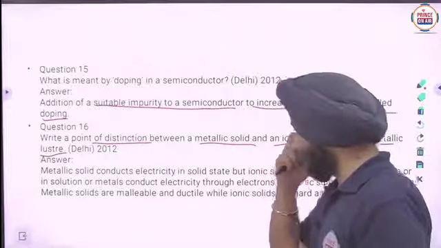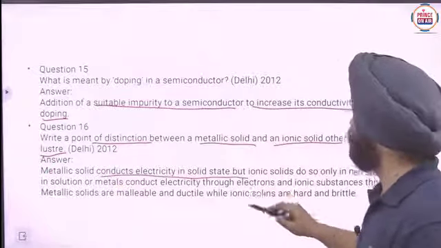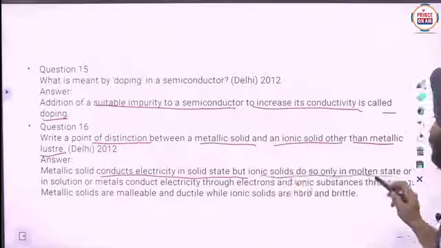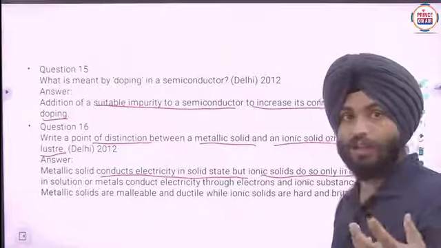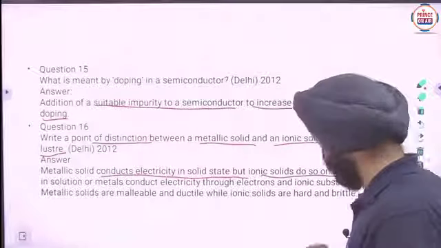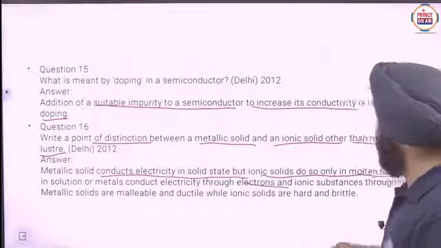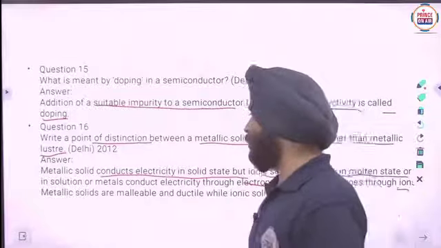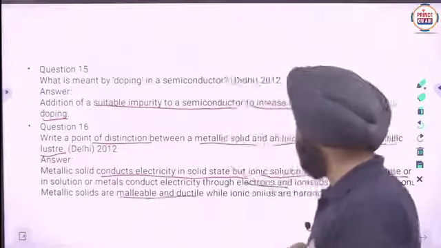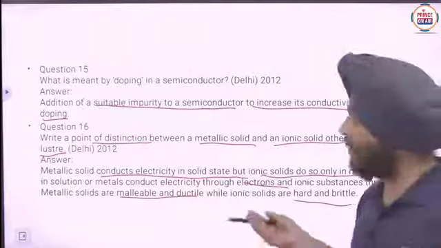Metallic solids conduct electricity in solid state, but ionic solids do not conduct electricity in solid state. They can conduct only in the molten or solution state. Metals conduct electricity through electrons, but ionic substances conduct electricity through ions. Metallic solids are malleable and ductile, while ionic solids are hard and brittle. Okay, so three differences we have discussed in this case.